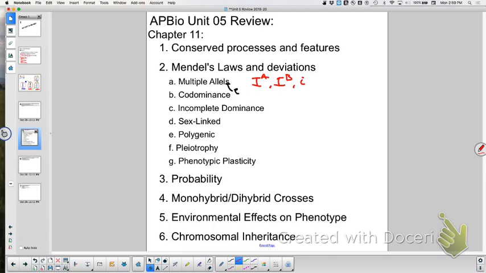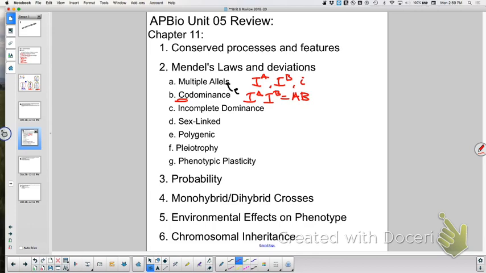The next one I put on there was codominance. What's your example of codominance? AB blood. Because it's big IA, big IB, and it is AB blood as a phenotype. They are both equally dominant, so you're expressing both the A antigen and the B antigen.